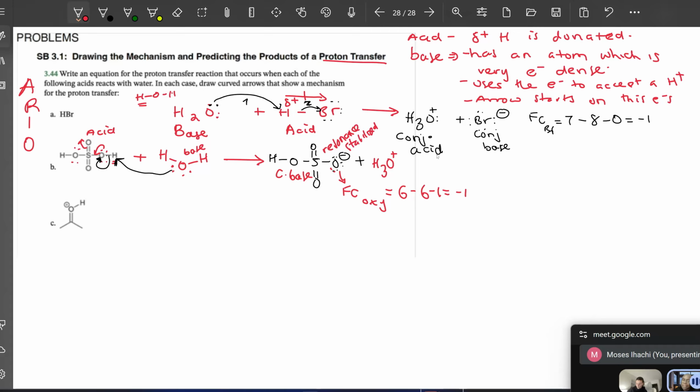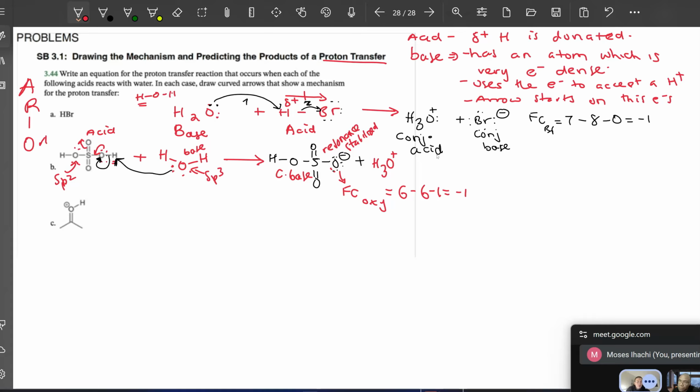However, because that lone pair is in resonance, these oxygens are sp2. This oxygen right here is sp3. Remember, if a lone pair is in resonance, it's not counted as an electron domain. So you're left with 3 electron domains, 1 lone pair and 2 lines. That makes the oxygen sp2.